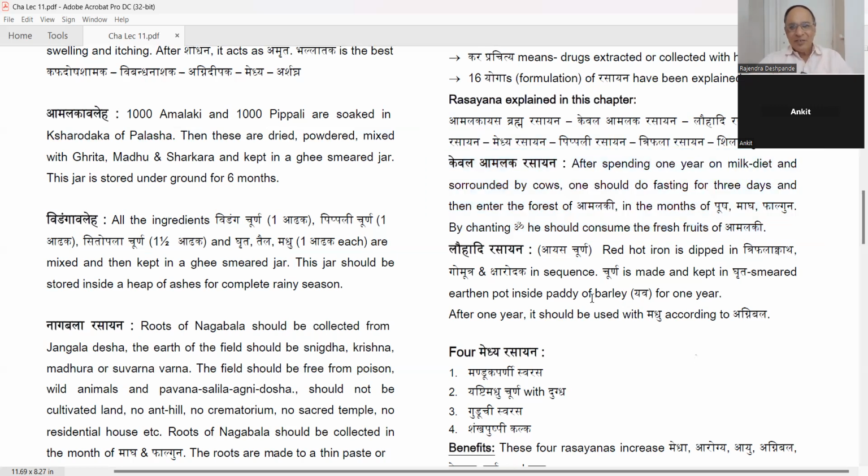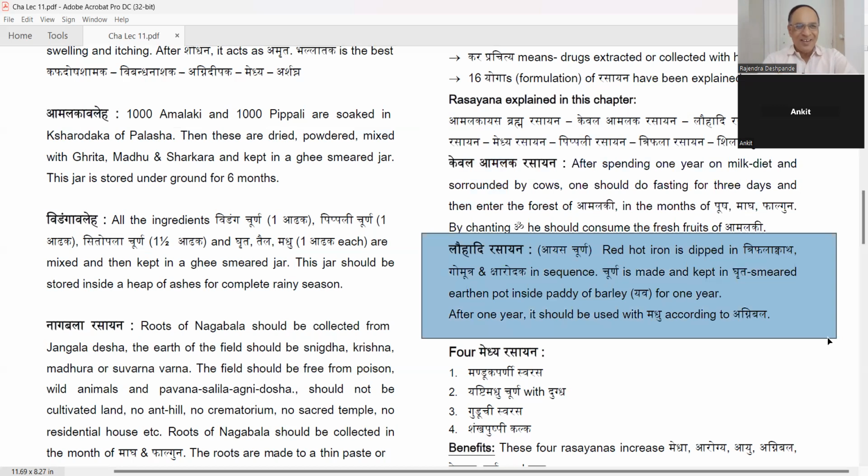Next, tonic in Ayurveda by Charaka in the Charaka Chikitsasthana chapter 1 Rasayana, and this is the third section. Lauhadi Rasayana, that is Ayasa Churnam. Red hot iron is dipped in Triphala Kwatha, Gomutra and Ksharodaka in sequence.